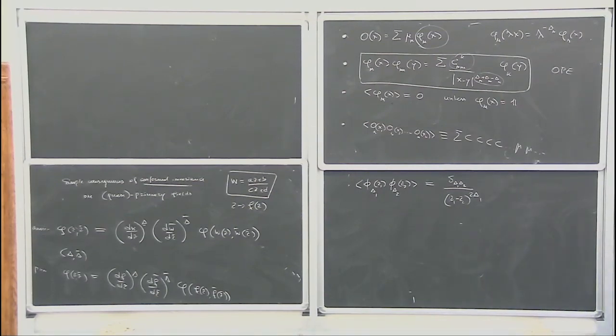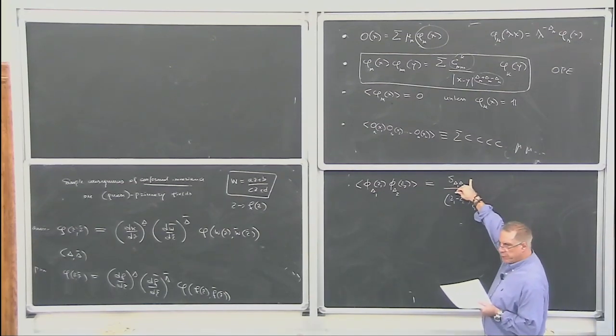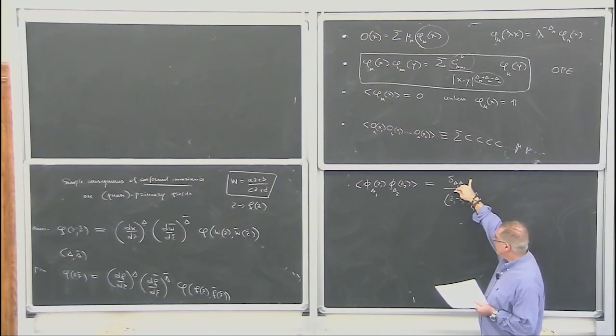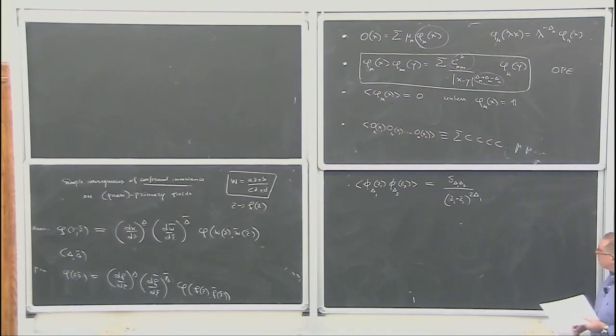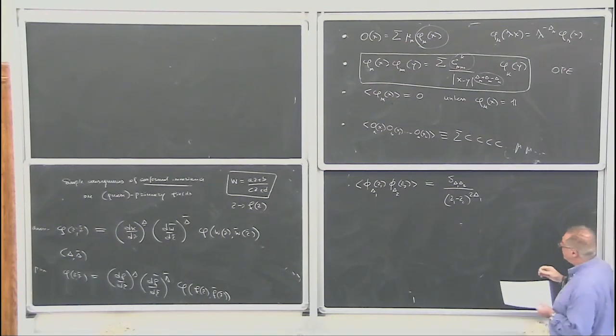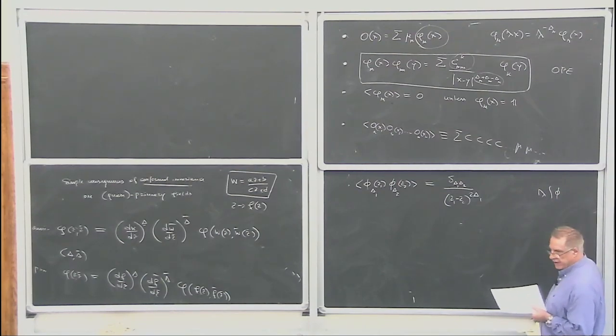So I want to prove that the two-point function of quasi-primary operators has this unique form, and I put the normalization to be 1. This is my choice, because in any place where this field is going to appear there will always be some coupling constant associated to it.